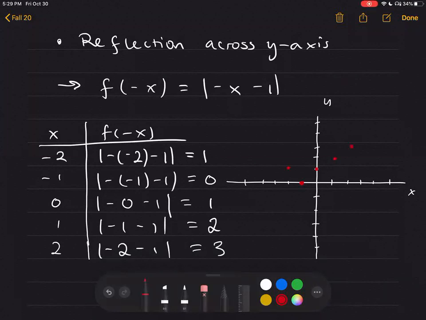And so there is our graph. And excellent. That's good, because if you remember, our original thing looked like this. And if you imagine flipping it over the y-axis, everything that's on the right of it goes to the left, and everything on the left goes to the right. So that's good. So we actually do have reflection about the y-axis.